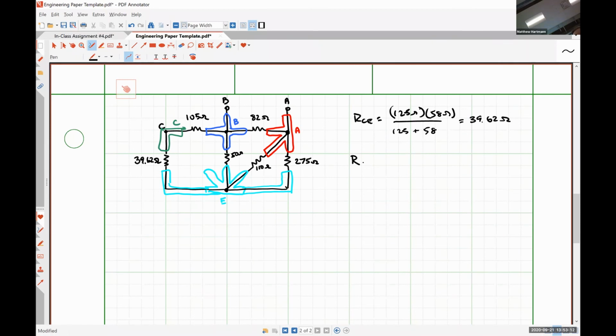All right, so that is RAE, 110 in parallel with 275, which is 78.57 ohms. All right.